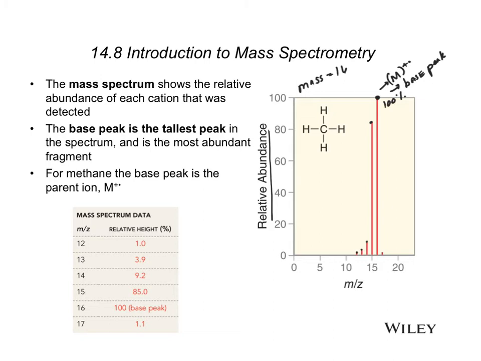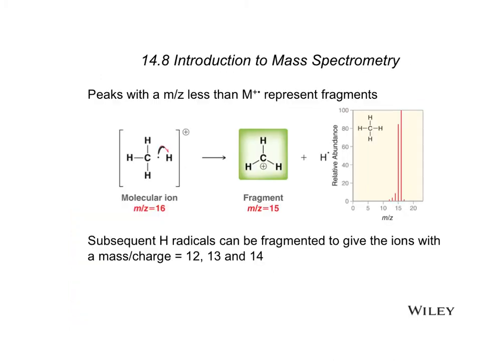One of those fragmentations is that it can lose a hydrogen. So our molecular ion, which had a mass of 16, can lose a hydrogen, producing a carbocation that's minus 1 hydrogen. What would be the mass to charge ratio for this fragment? 15. So what do you think the 14 comes from? The loss of another hydrogen. Where does the 13 come from? Loss of another one. We get down to carbon, which is the last one there.